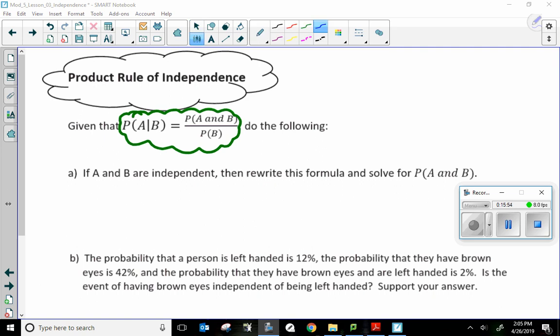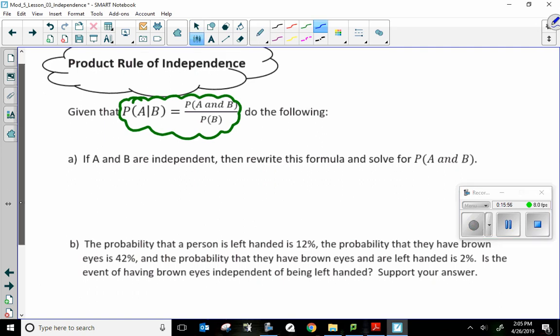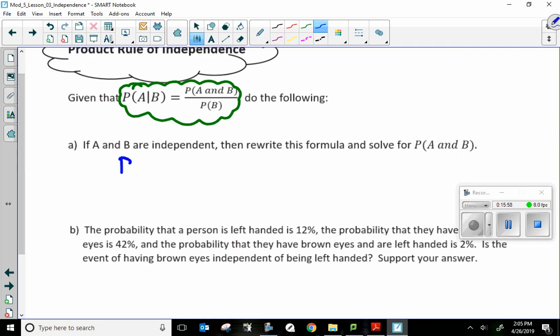So how do we find independence right now? The probability of A given B has to equal the probability of just A. But if I don't have a table to do this the easy way, I've got to do this the algebraic way, like if they just gave me numbers. So I'm going to substitute that in for my given here.